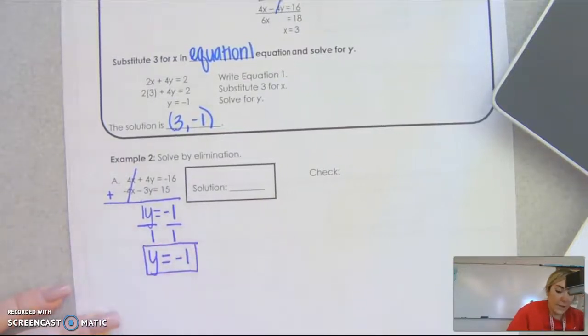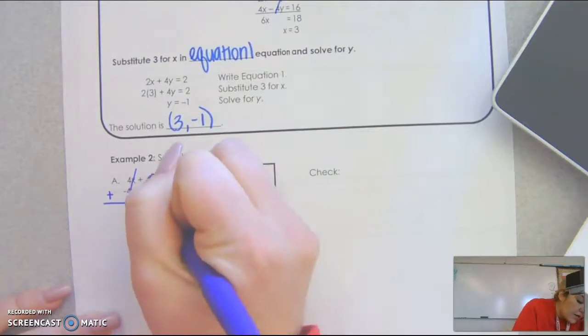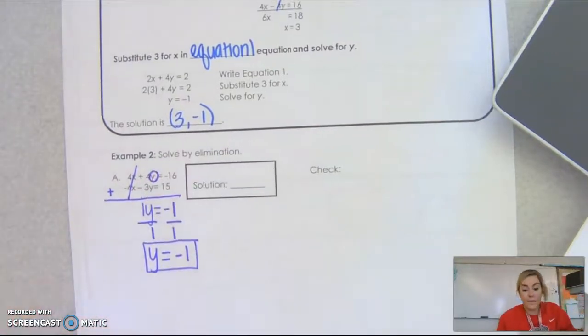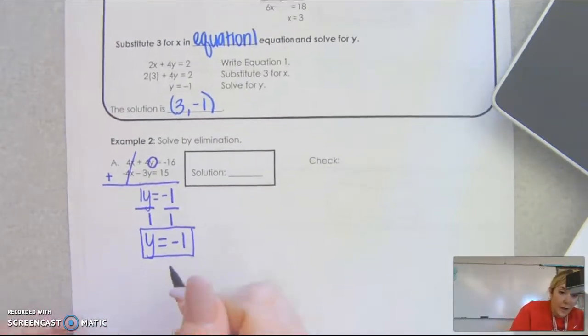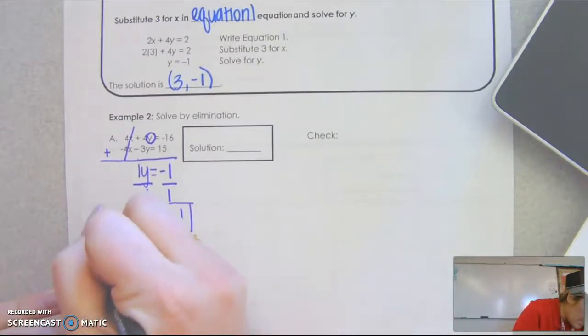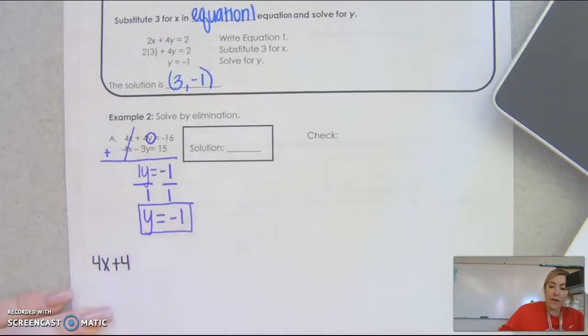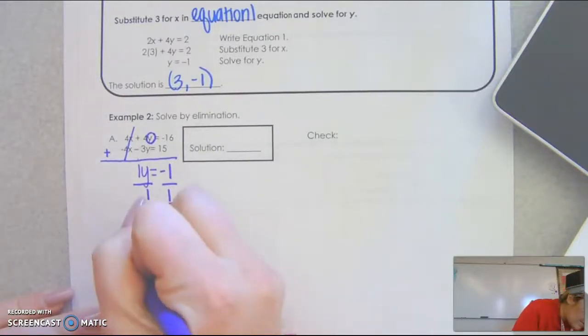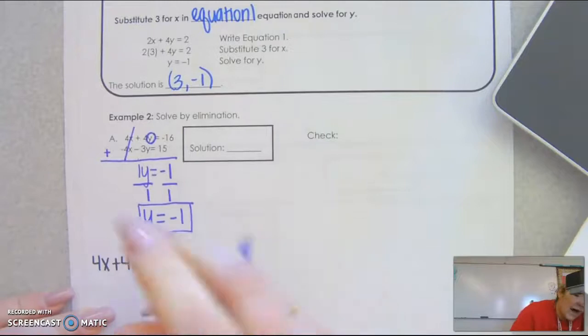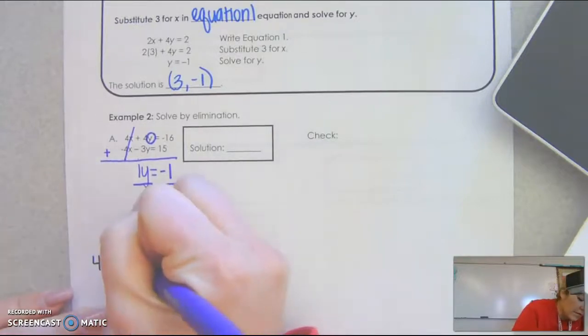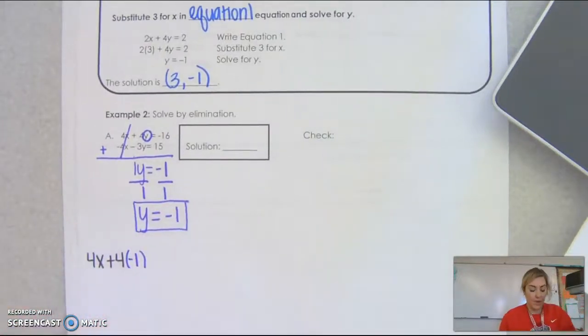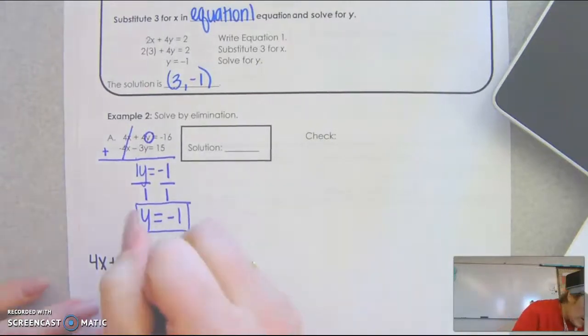I'm going to take my y value and plug it in for y in the first equation. So now I'm going to rewrite the first equation. I have 4x plus 4. Instead of y, I'm going to write parentheses and inside what y equals. So y equaled negative 1, so I'm going to replace y with negative 1. And now I'm going to finish writing the equation.